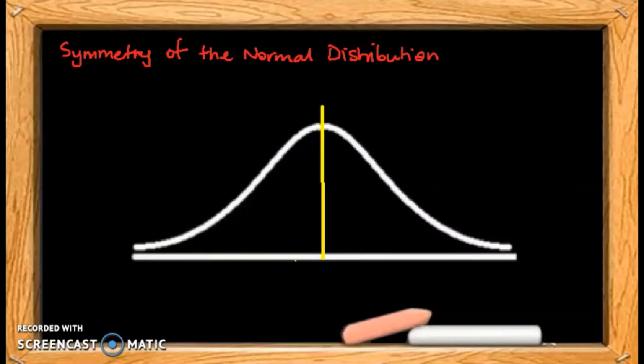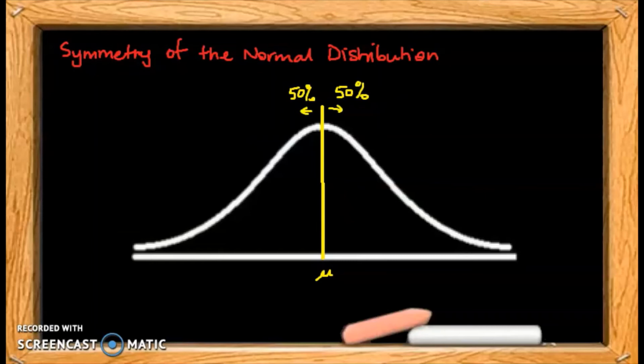So if this is our center line, and therefore our mean, which is always in the middle, and the mean, median, and mode are all in the same place for the normal distribution, we know that 50% of data is above and 50% of data is below. Or the probability of a point of data being above is 50%, and the probability of a point of data being below is also 50%.